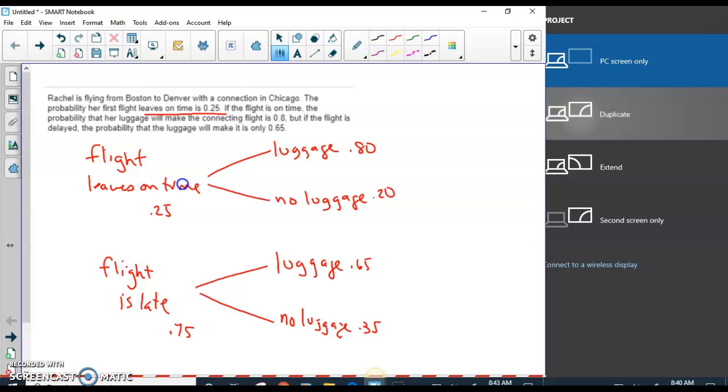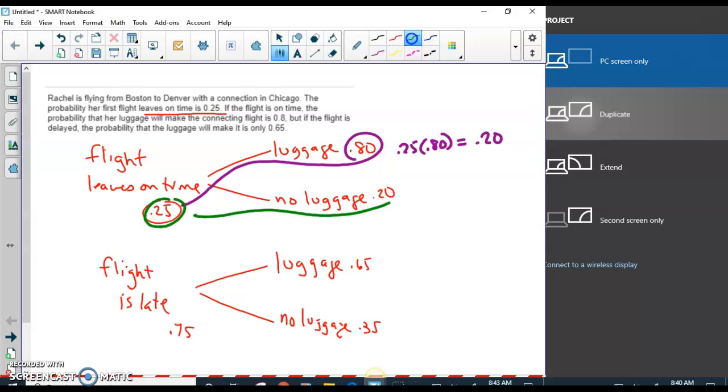So after you get this tree diagram created, it's really pretty nice because all you do is follow the branches. So you're going to take 0.25 and follow this branch up and multiply it by 0.80. So 0.25 times 0.80 is 0.2. I'm going to do the same thing with this. I'm going to take 0.25, follow this branch, multiply it by 0.20, and that is 0.05.